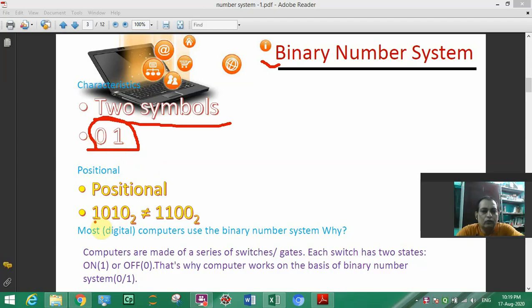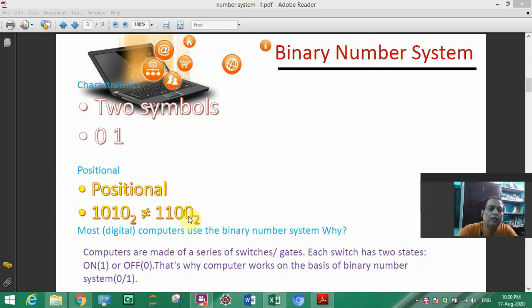Here you can see 1010. This number has only 0 and 1. You can easily identify which number system it is. You are getting here only 1010, no symbol other than 0 and 1. So easily you can see that this number is written in the binary number system.